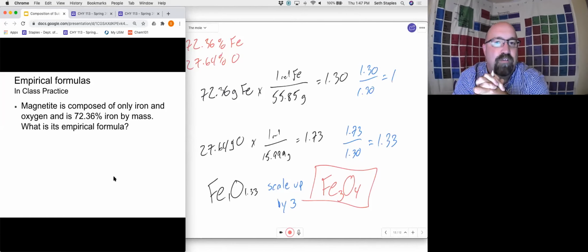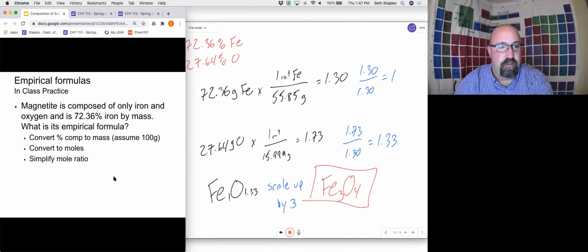That's pretty obvious, you can just round to that. But if you have something like a 1.33, then okay, you're going to scale up by 3. If you have 2.25, scale up by a factor of 4, and so on to get to your whole numbers. So those are the steps that we went through. We multiplied by our 3 to get to our Fe3O4.